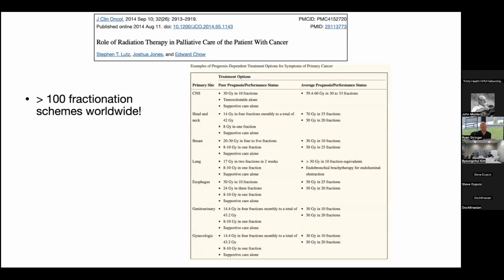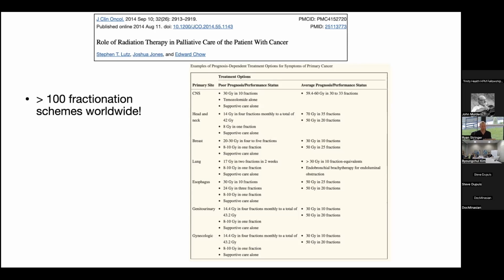Adaptation is very slow. One of the things I think that complicates this is that there are over 100 fractionation schemes worldwide, and one study that referenced this. This is just an example of the different ways that radiation might be delivered from one article that allows some variation in the guidelines being provided, but there is still a wide range of clinical judgment on what kind of treatments are going to be delivered, and depending on the patient's functional status, how that has implications for what is ultimately delivered for them.